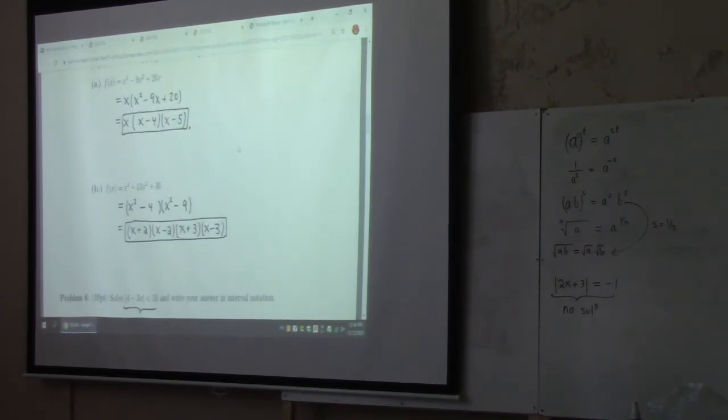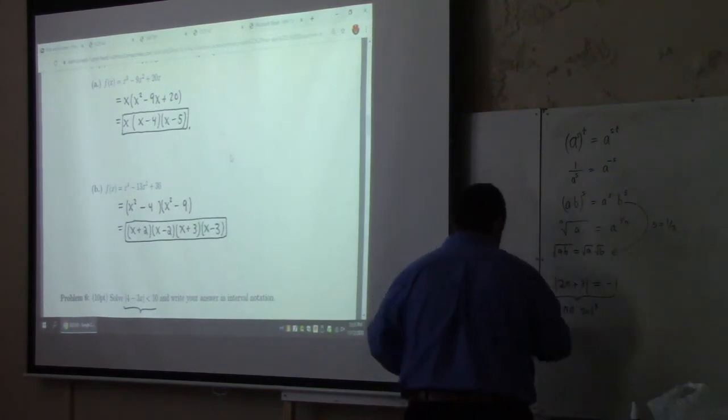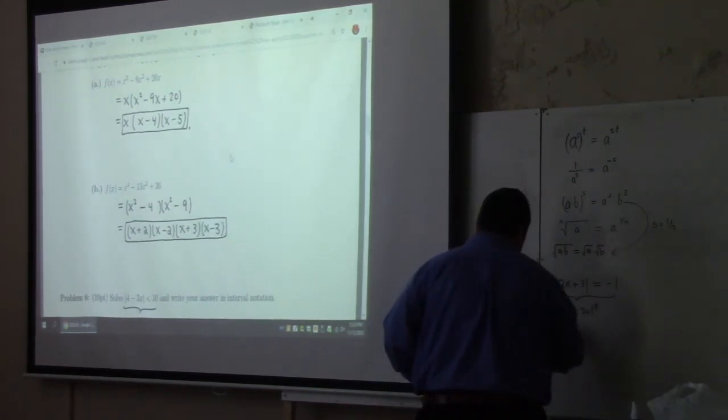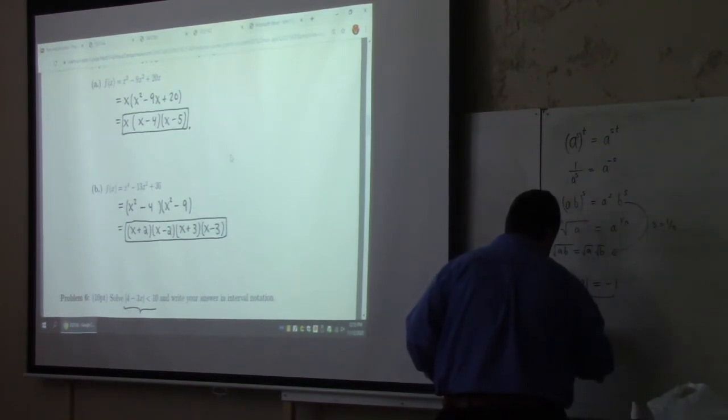Another important thing for factoring is the difference of squares, right? You should always be looking for this pattern. If we have a squared minus b squared, then we know what to do: a squared minus b squared is a minus b times a plus b, right?